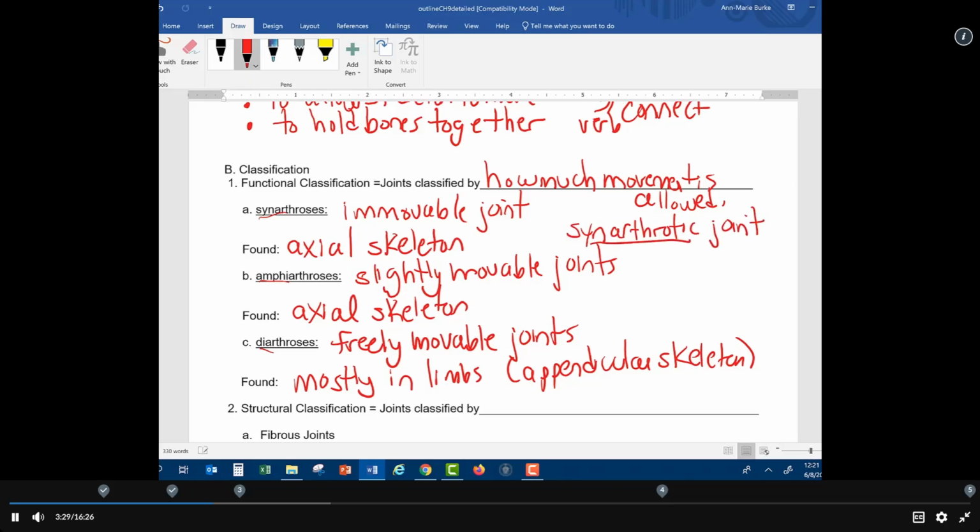So again, this is an adjective because it's describing a noun, synarthrotic. Or you could just say it's a synarthroses, which means it belongs to that category. Likewise, for amphiarthroses, you could use it as an adjective by saying amphiarthrotic joint, or diarthrotic joint.